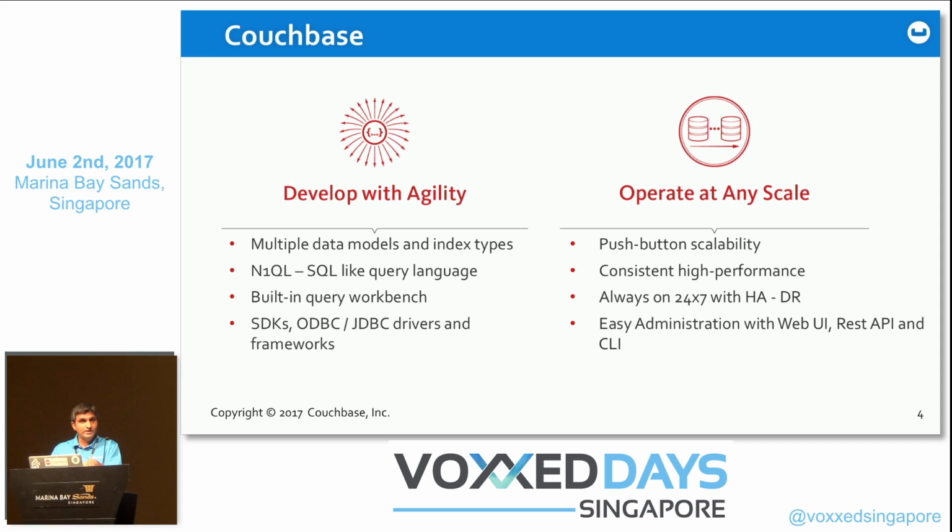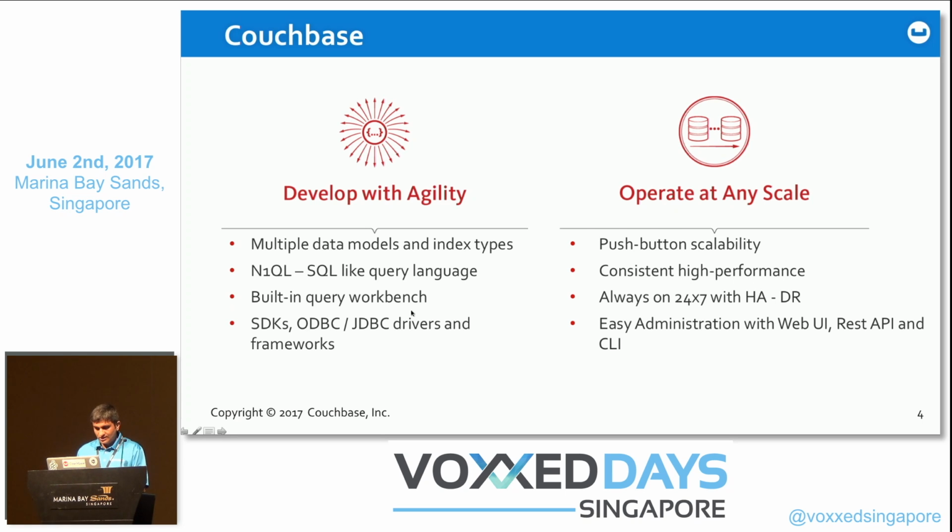Any database has to give querying facilities, right? So Couchbase thought, why should we create our own query language? Why not leverage the existing SQL knowledge of developers and bring it to NoSQL? And that's what N1QL is, non-first-normal-form query language. And we have a built-in workbench as well.